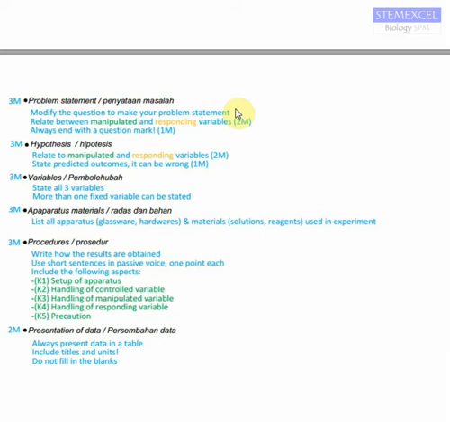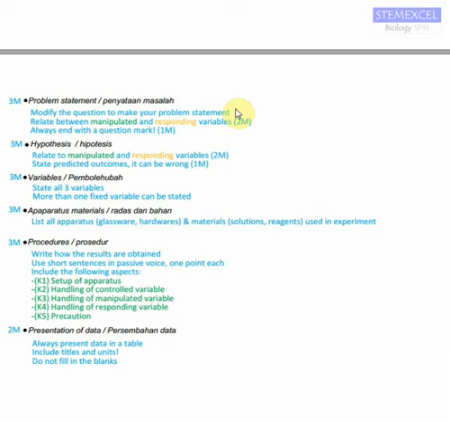The next is the hypothesis, and again in the hypothesis you need to relate the manipulated and the responding variable. In the hypothesis, it is also the time where you should predict and state the possible outcomes of this experiment, and it is perfectly fine if you have the wrong hypothesis.